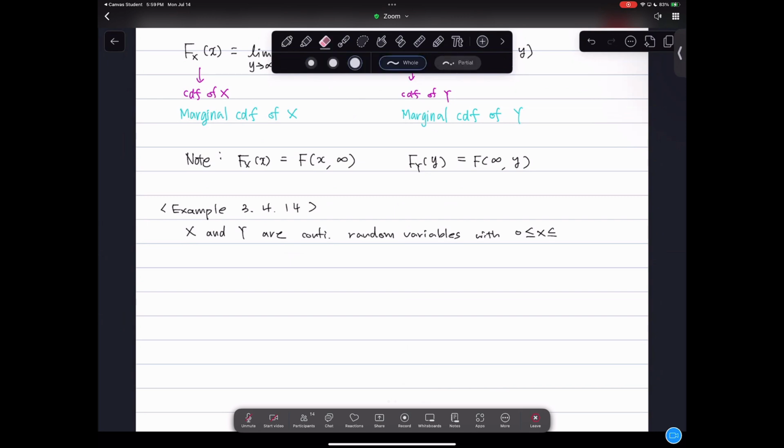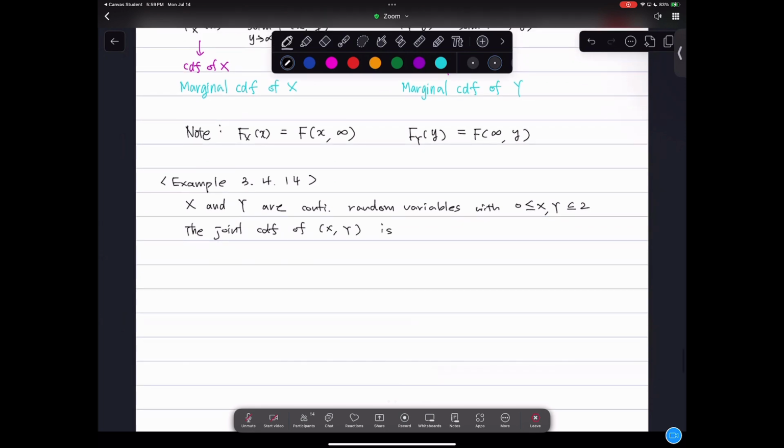Let's do it then. So both x and y are from 0 to 2. Now this time I'm giving you a joint CDF. The joint CDF of x and y together is given below.